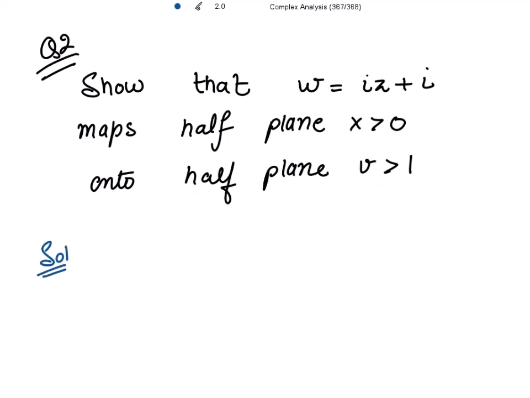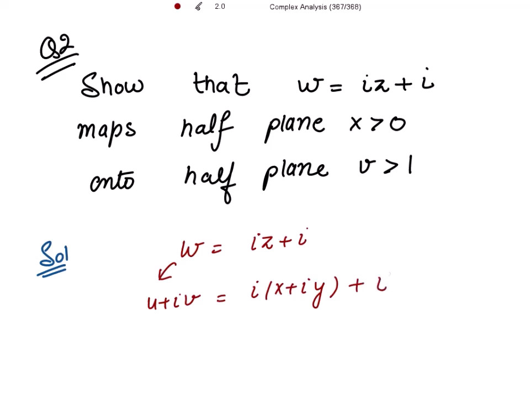Show that W equal to iota Z plus iota maps the half plane x greater than 0 onto the half plane v greater than 1. Now what is the transformation given to us? It is iota Z plus iota. Just write W to be u plus iota v, and here it is x plus iota y plus iota.